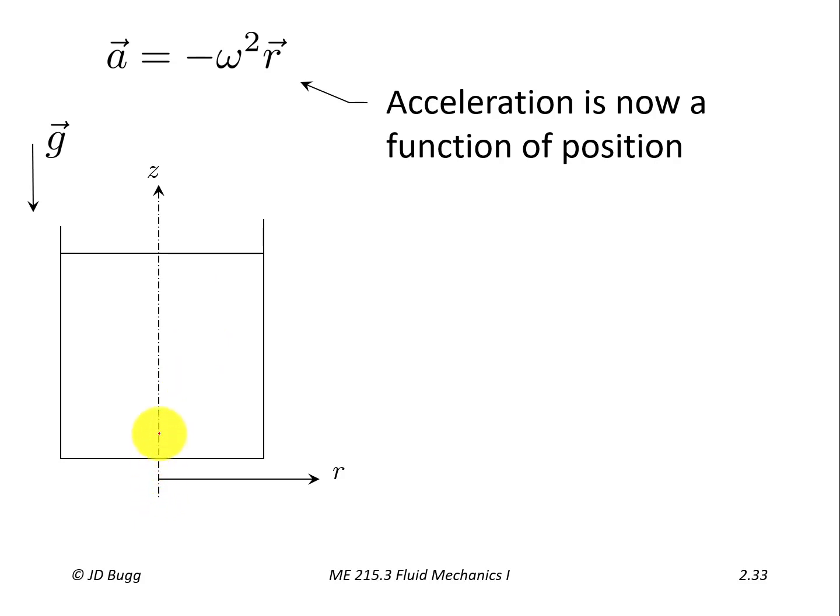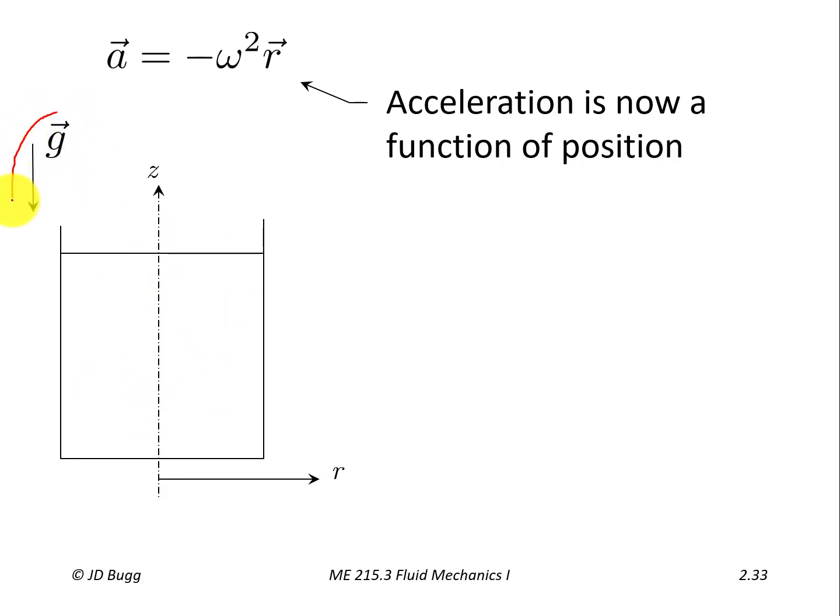We have an axis of rotation, which we're calling Z, but the other coordinate that we have here is a radial coordinate. So that's the distance away from the axis of rotation, R. So this is an RZ coordinate system. Now, this is the fluid that we're studying.